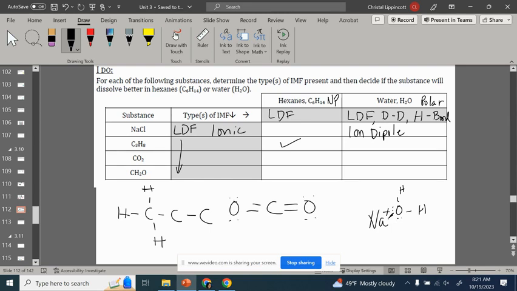Even though it's nonpolar, you're still going to have an attraction for these oxygens because they're both very electronegative. The electronegativity difference between the carbon and the oxygen is great enough that you're still going to get some attraction in water. So it is going to mix in water.